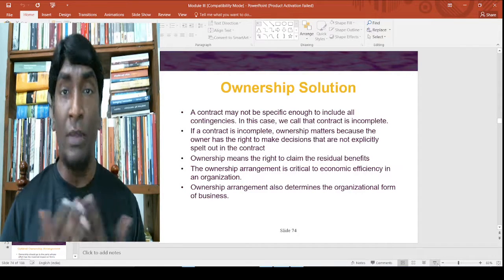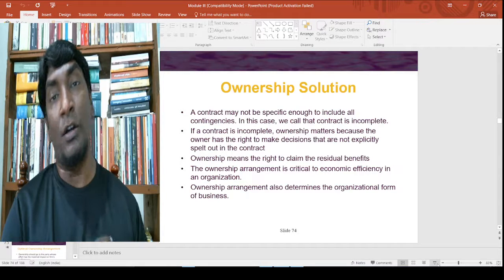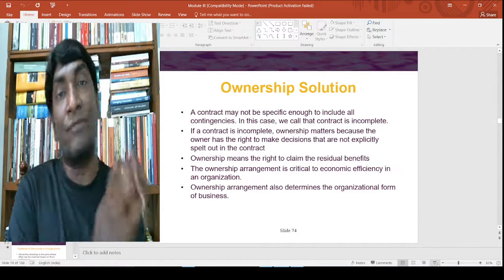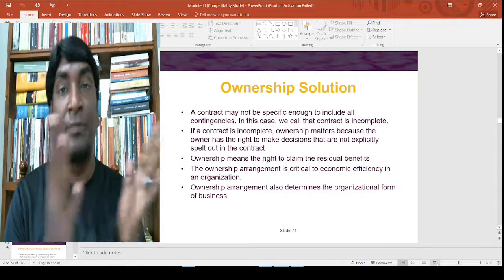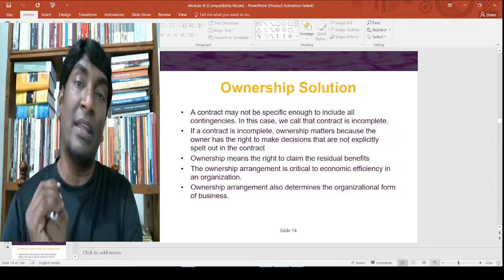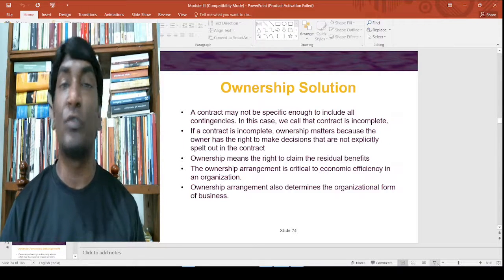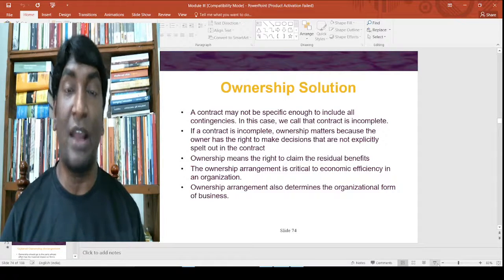Normally, we used to say that the residue which is left over after paying off everything goes to the owner of the firm.